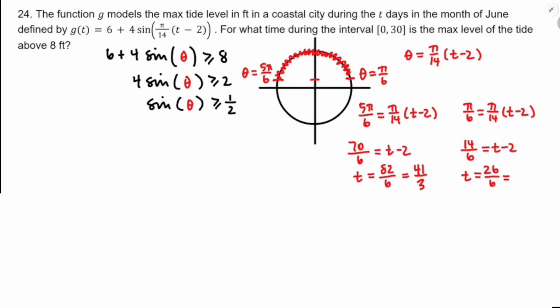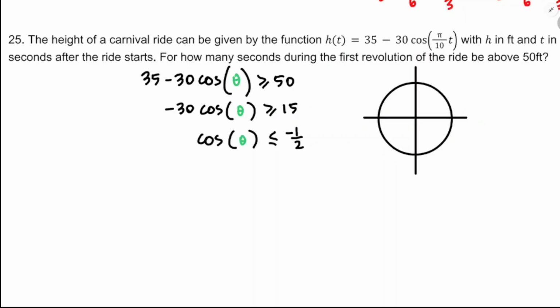I don't know if I've been saying pi this whole time, I hope not. But 26 over 6 is going to be 13 over 3. So the time interval is 13/3 is less than t is less than 41/3.